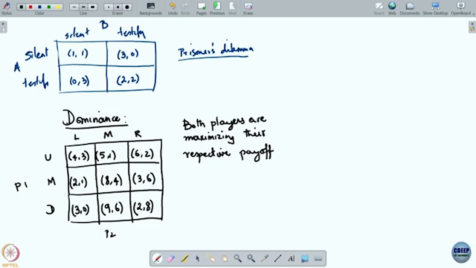So, we need to start off with a few assumptions. What did I tell you about the assumptions of the prisoner's dilemma? Yeah. So, we assumed that players cannot communicate with each other. That was one assumption. What did we assume about the payoffs in this matrix?